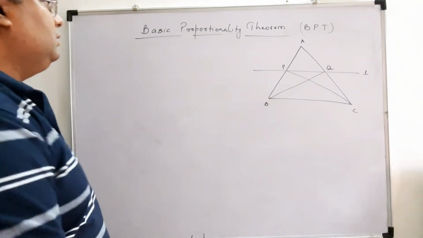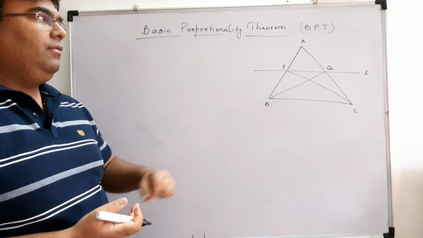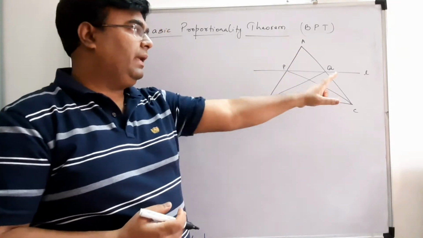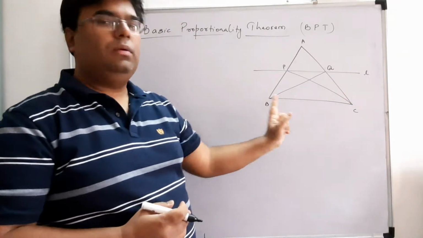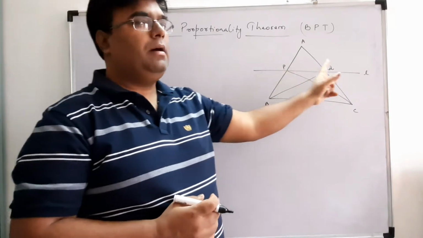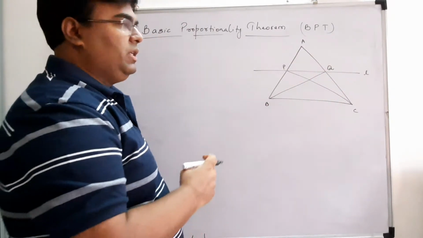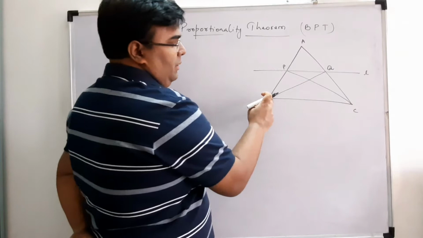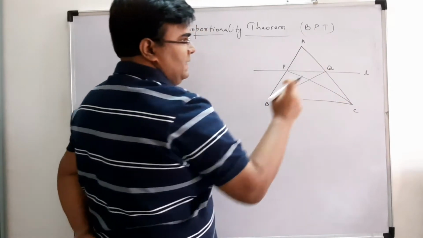Okay, let us prove the BPT. I have drawn this triangle ABC and my line L is there, which is parallel to BC, intersecting at P and Q. What extra I have done? I have just joined BQ and PC.